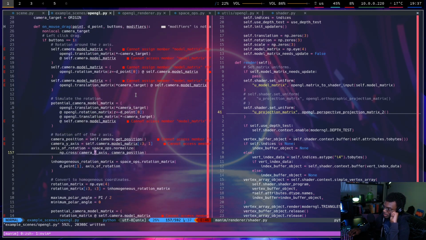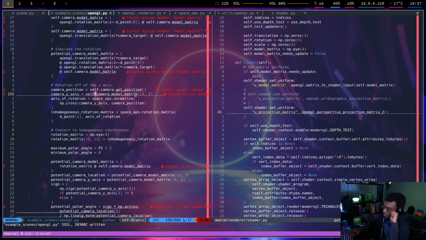Camera target, so this will work. Then will I have to convert anything to homogeneous coordinates? I don't think so. Why did I do this? Get the axis rotation and rotate around that.